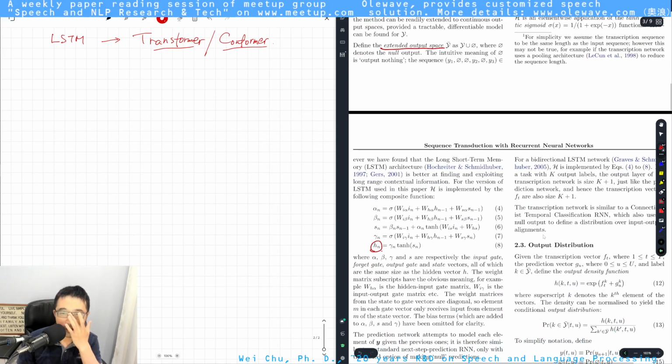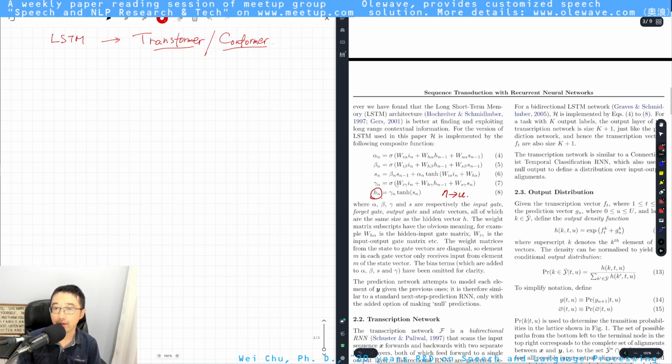But in LSTM, I think he should change the N to U. I think it's a typo. It's obtained in a slightly complicated way, but everything here is differentiable when you're running the back propagation. That's slightly sophisticated.